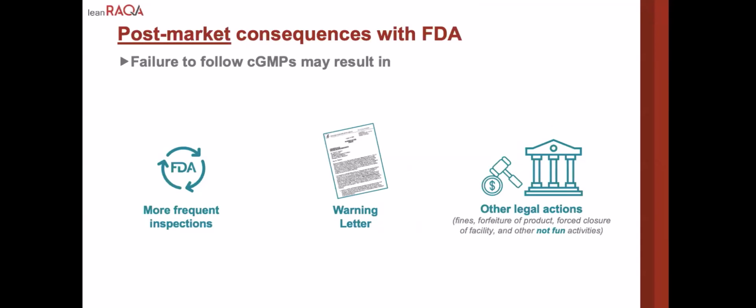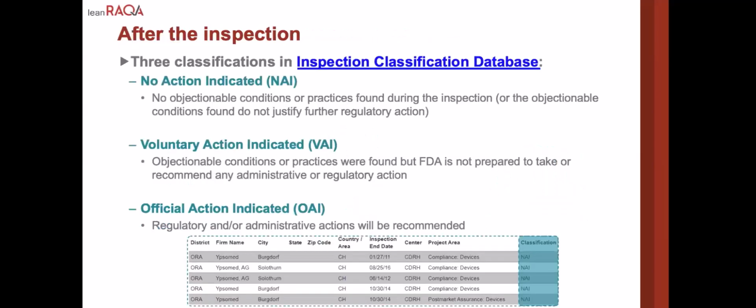It can lead to warning letters and other FDA actions, and it can also yield legal actions like fines, product seizure. They can force you to close a facility. It can escalate to a consent decree, and then the FDA comes and moves into your facility. So a lot of negative and costly things, both tangible and intangible cost as well to your reputation in the public. Just think of what people think of Philips in the ventilator situation now.